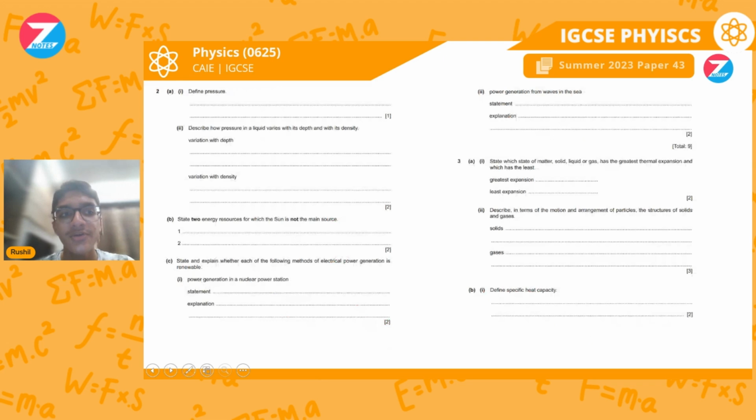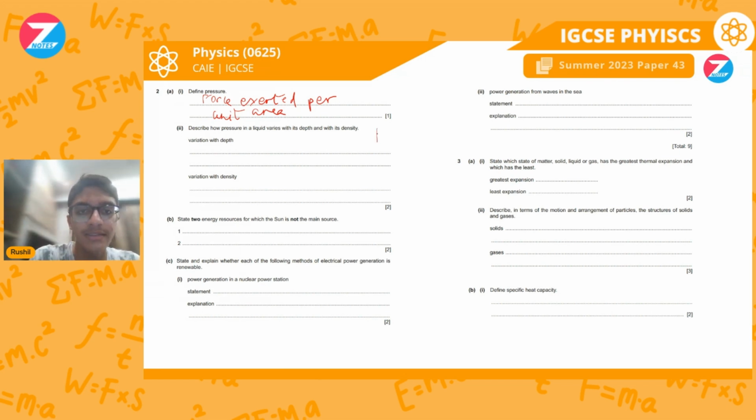Now, question 2 starts with define pressure. So pressure we know as the force exerted per unit area. Now, describe how pressure in a liquid varies with its depth and with its density. So we know that in a liquid, pressure is equal to H rho G, where rho is the density and H is the depth.